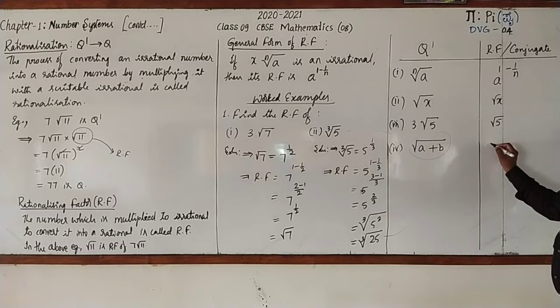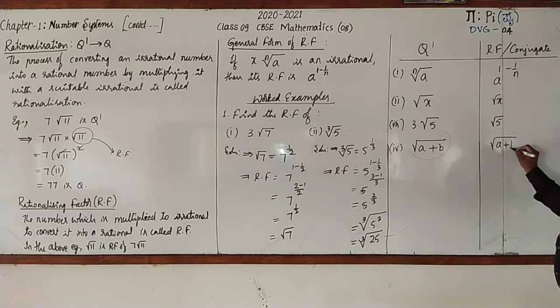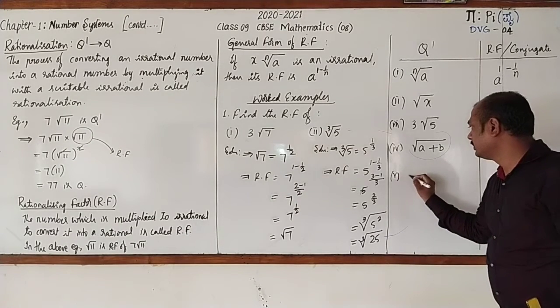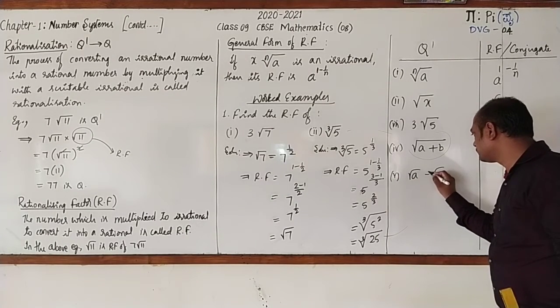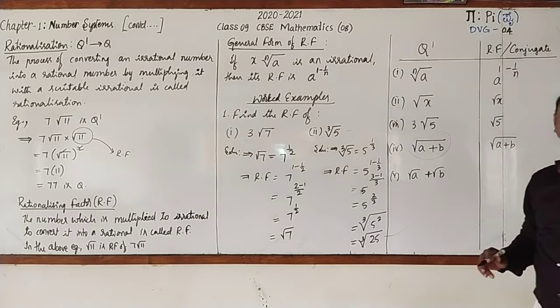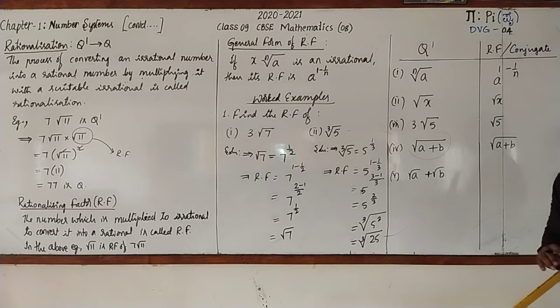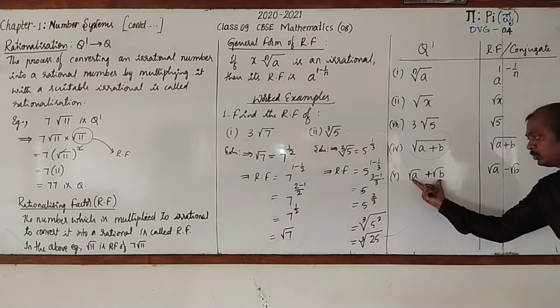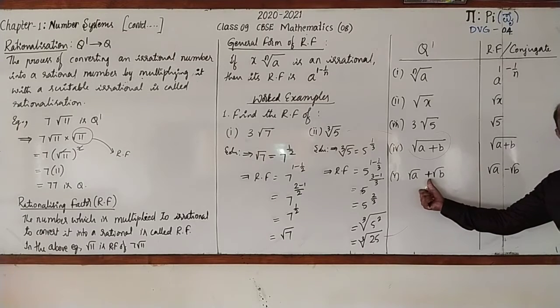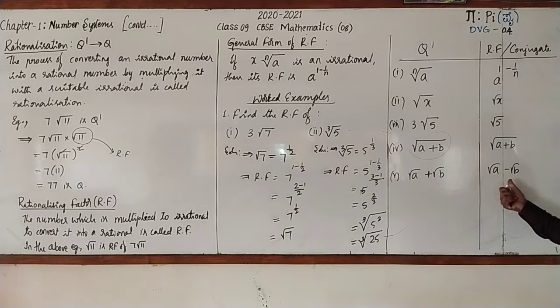Root a plus b, it is root a plus b only. Whereas root a plus root b is there. Then in such condition, what you will do? You can write it as root a minus root b. Here two terms are there which are separated by plus sign. When you are taking its conjugate, you are going to change just sign only.